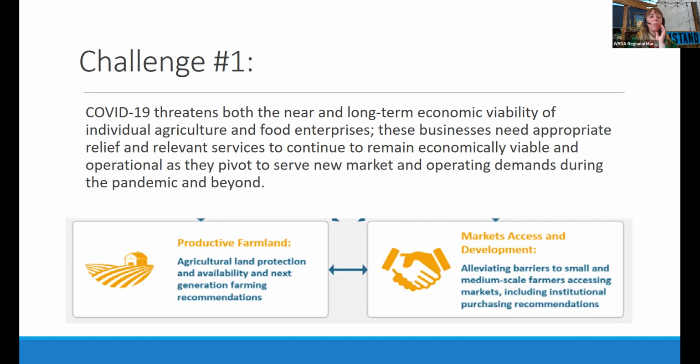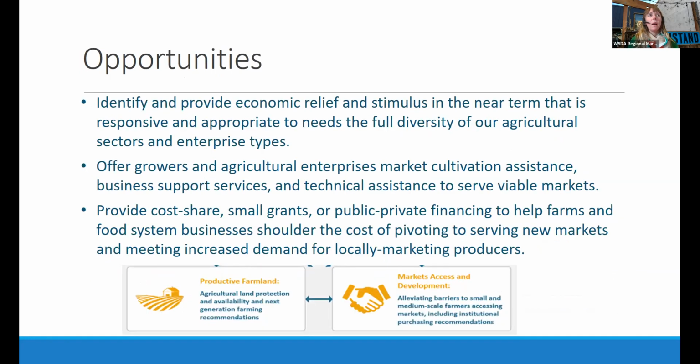And we recognized that COVID was really threatening the economic viability of individual food and ag enterprises as they were struggling to adapt to this. And they really needed specific relief and relevant services to remain operational. And so the forum has made some recommendations about how to respond.